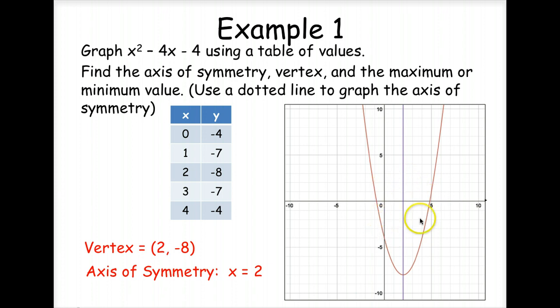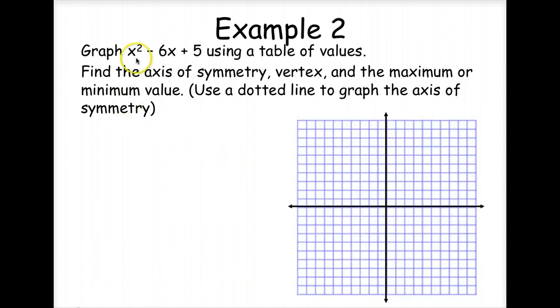So it's the same amount of space on the left and the right of the axis of symmetry. That will help you pick your plots for your table of values. And of course the minimum is -8. This is a positive value for a, so we know the parabola opens up, so we have a minimum value.